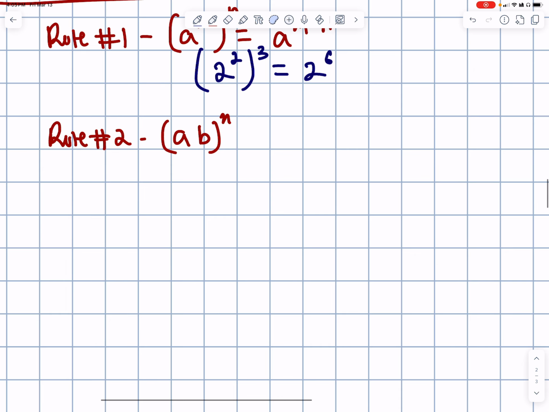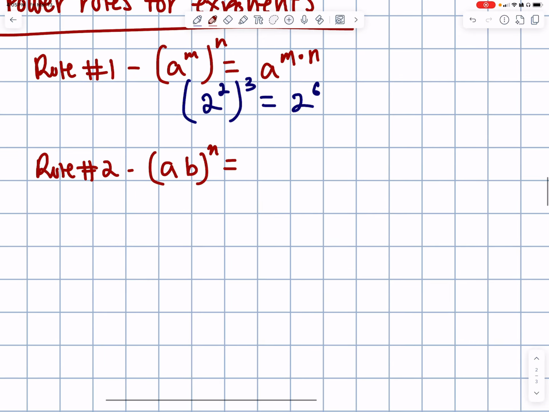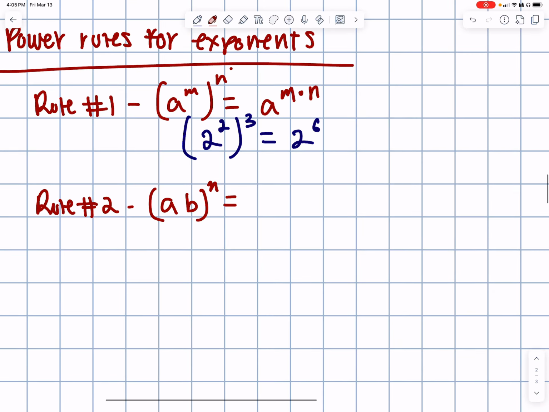So, rule number 2, we have a and b, two bases together with an exponent outside of it, and we're going to distribute. Essentially, that's what it's done here.